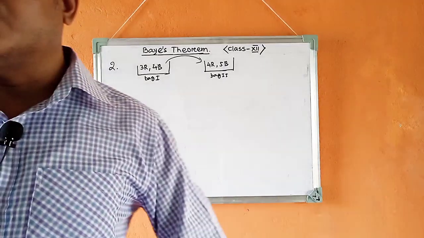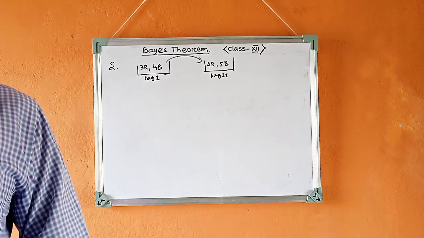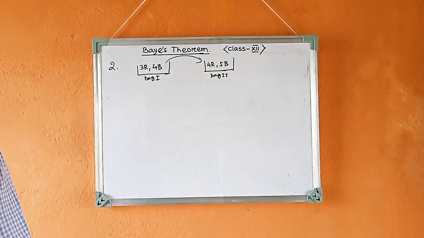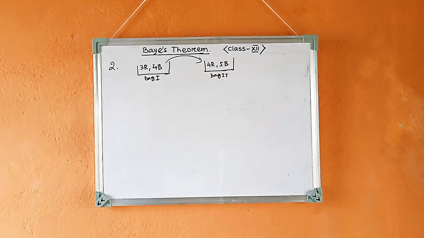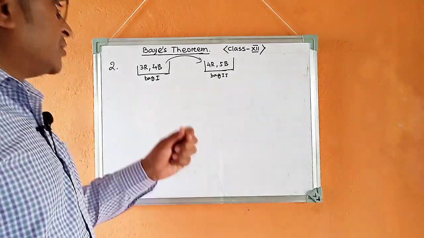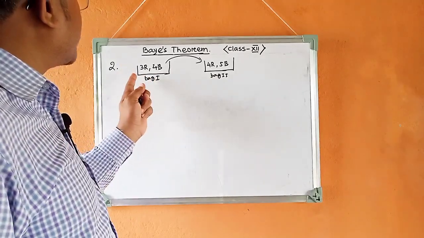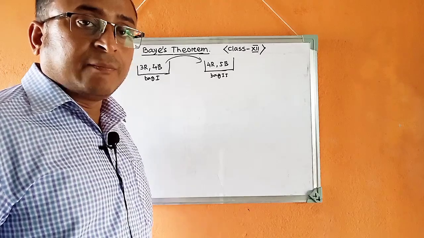Now the question is, one ball is transferred from bag 1 to bag 2 and then a ball is drawn at random from bag 2. If the ball drawn is red, then find the probability that the transferred ball is black. So first of all, there is bag 1 and there is bag 2. In bag 1, there are 3 red and 4 black balls. In bag 2, there are 4 red and 5 black balls.